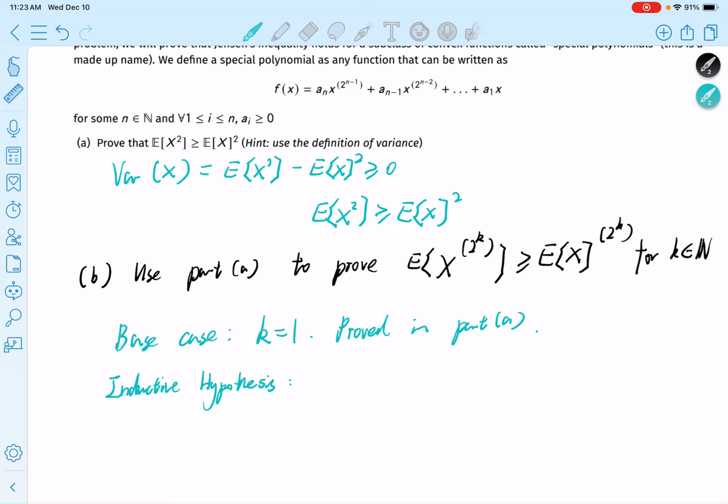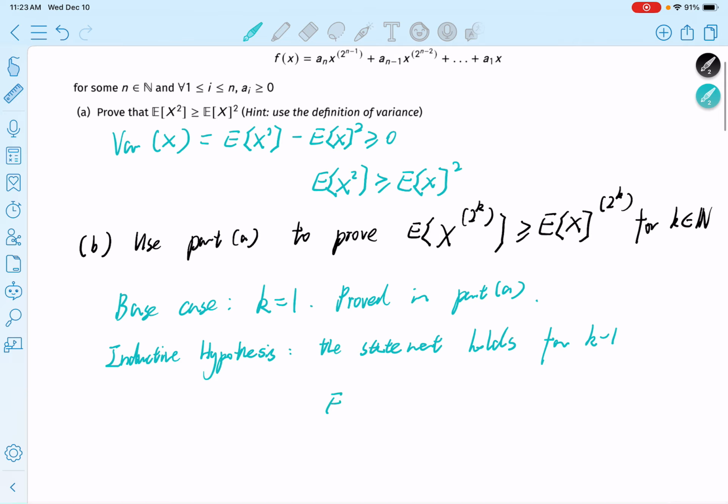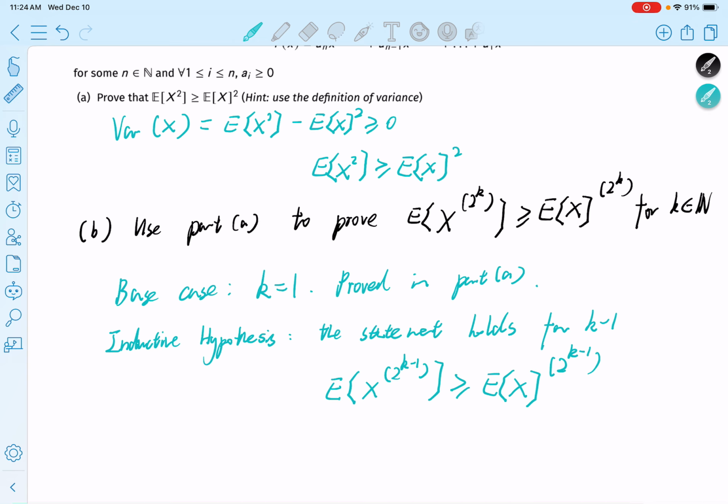The inductive hypothesis is that the statement holds for k minus 1, meaning that the expectation of x to the 2 to the k minus 1 is greater than or equal to the expectation of x, to the power 2 to the k minus 1. So this is the inductive hypothesis.